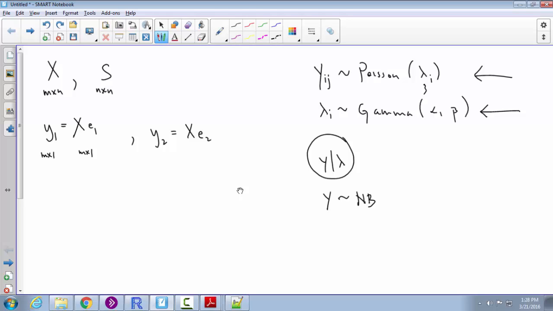It's just another distribution, and it corresponds to a Poisson distribution that's over-dispersed. So this is appropriate for count data where there's over-dispersion.